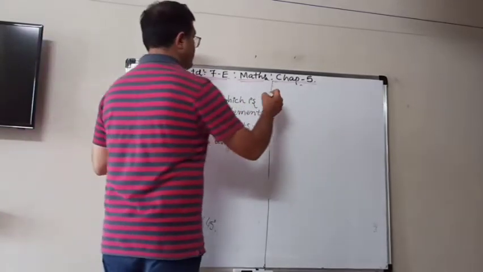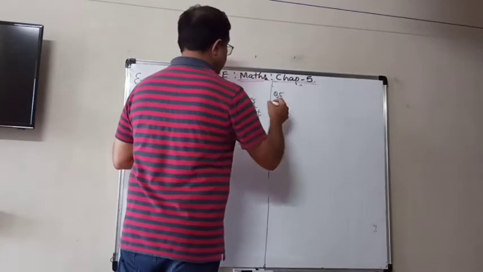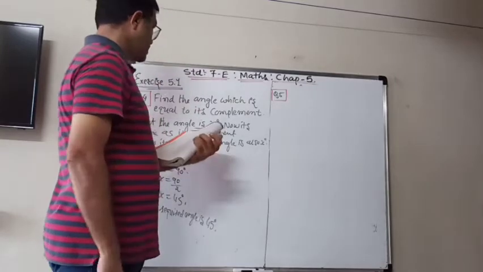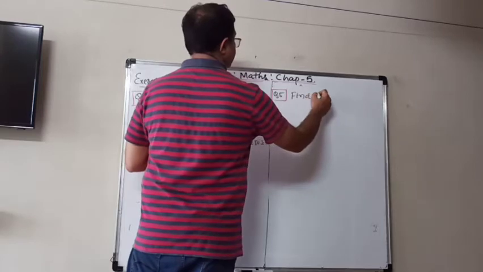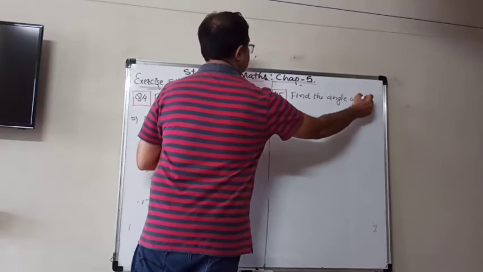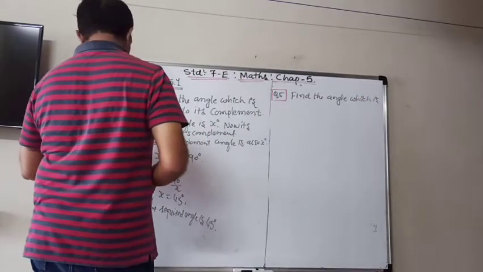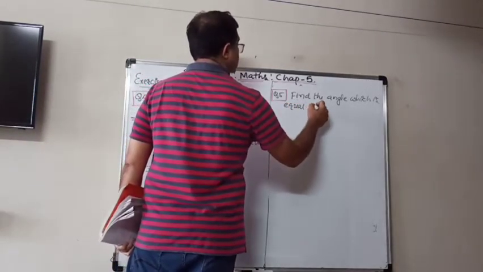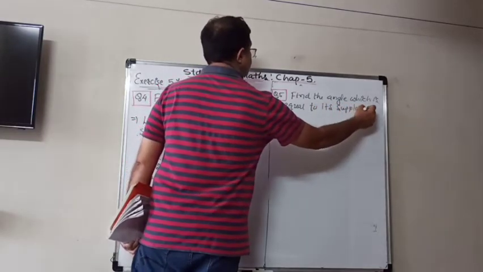Let's take the question number 5. Let's see what does it say. Find the angle which is equal to its supplement.